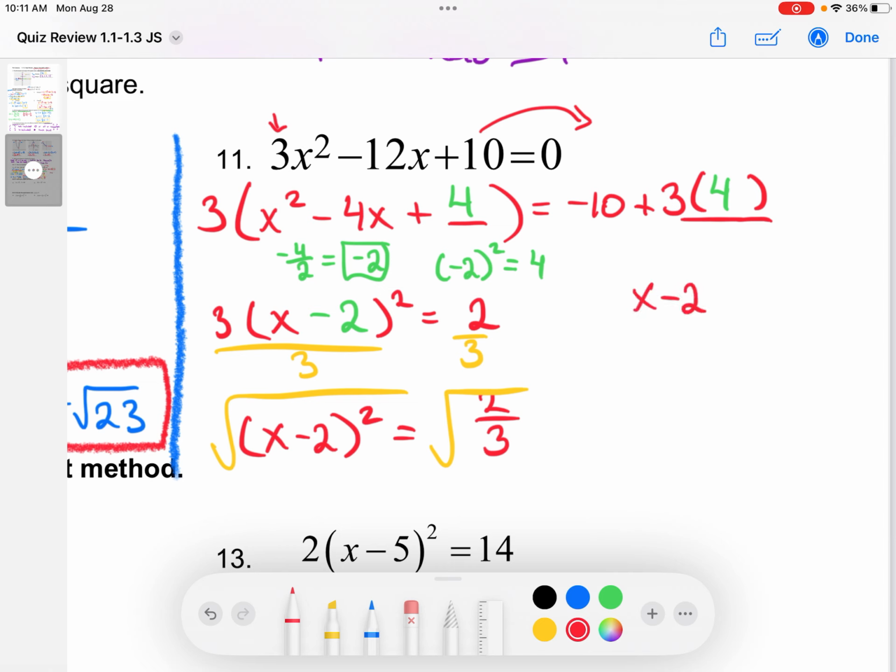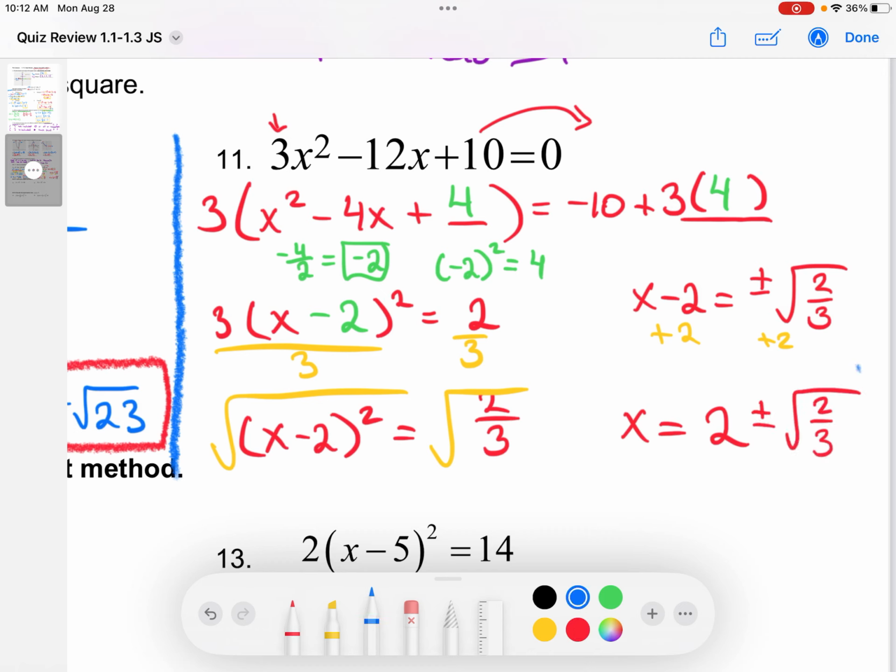So then x minus 2, undoing the square root, is equal to plus or minus square root of 2 over 3. The whole fraction, 2 over 3, is inside the square root. Then we would need to add 2 on both sides. So x would equal 2 plus or minus the square root of 2 over 3. There are your solutions.